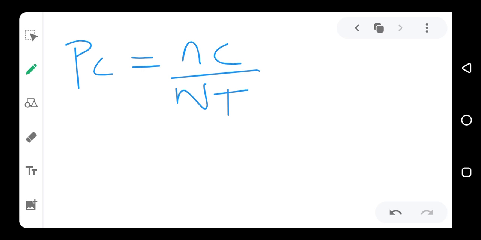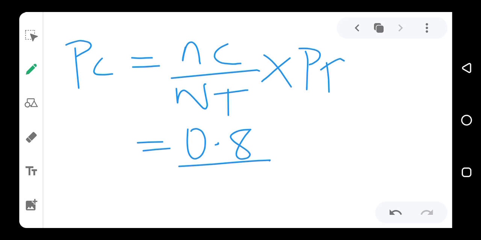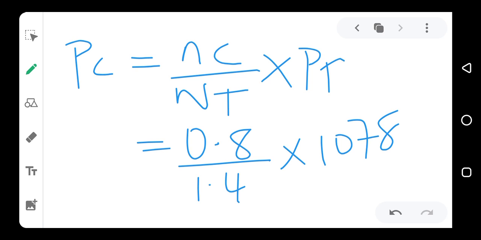Now for gas C, PC is equal to NC over the total number of moles multiplied by PT, total pressure, which is equal to 0.8 over 1.4, then multiplied by 1078, and this gives us 616 millimeter mercury.